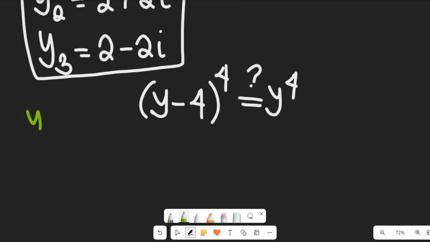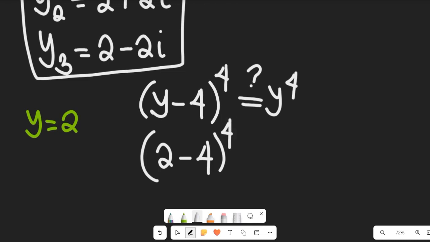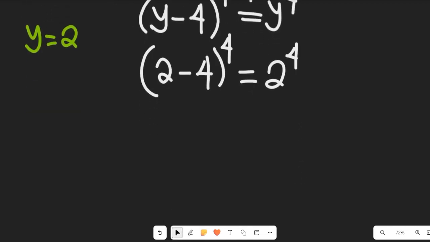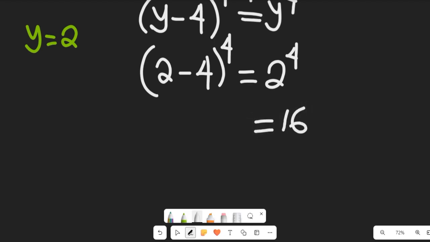If y is equal to 2, let's find that out. That is going to give us 2 minus 4 all to the power of 4 equal to 2 to the power of 4. Now 2 to the power of 4 is going to give us 2 times 2, 4, 4 times 2, 8, 8 times 2 is going to give us 16, right? So this is going to give us 16 on the right hand side.